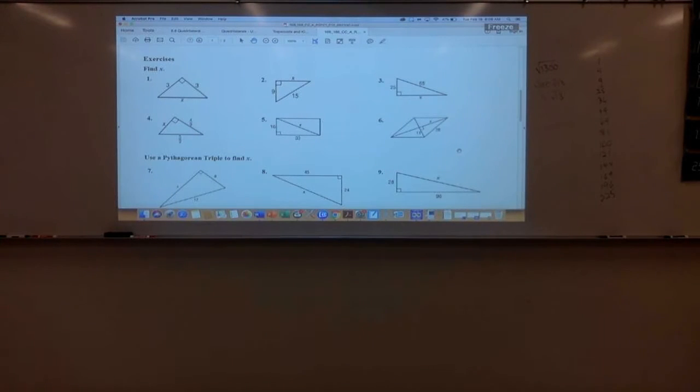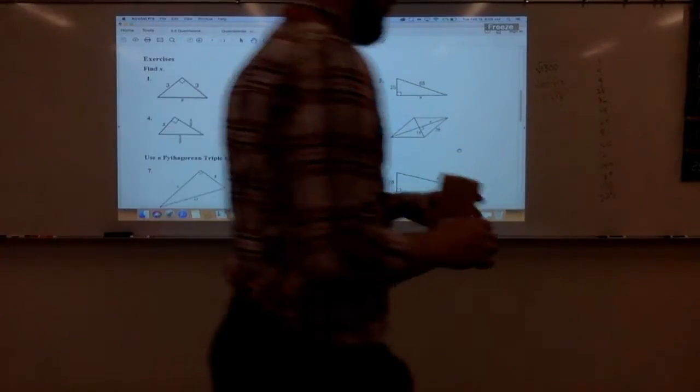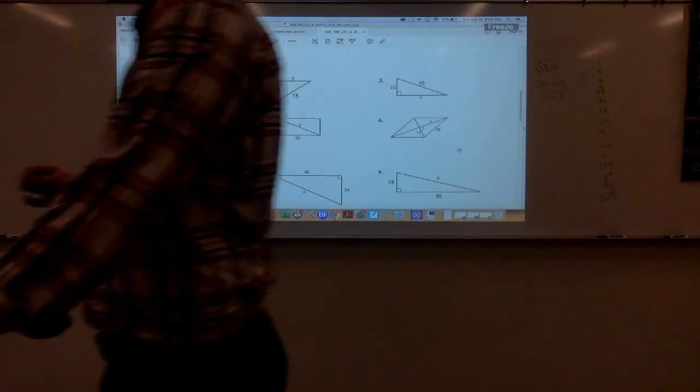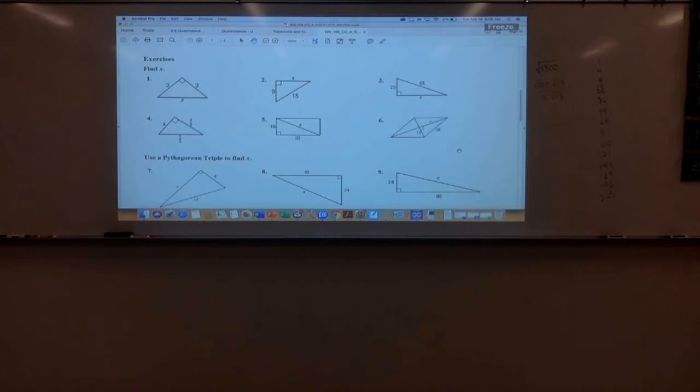With 18, because this one is 18, because we want exact, we're going to do a simplifying thing like we just did. So you get radical 2, and then you get radical 9, which will get into 3 radical 2. Diagonal 18, and then how do you get that?